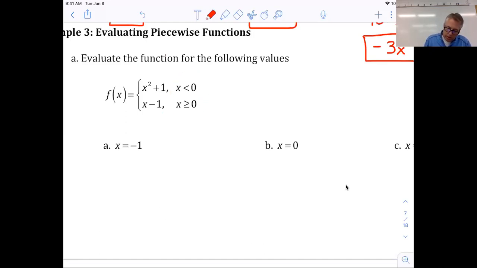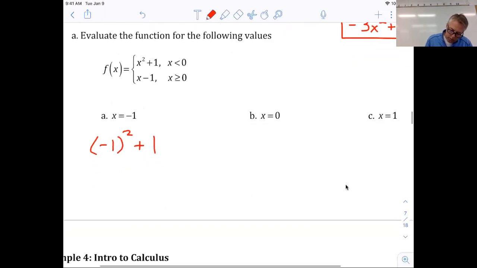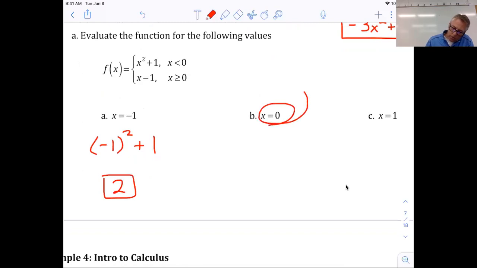So when I plug -1 in here for x, I get -1 quantity squared plus 1. Remember, -1 quantity squared is +1, so 1 plus 1 is 2. Now, if x equals 0, that means I have to plug it into the bottom.